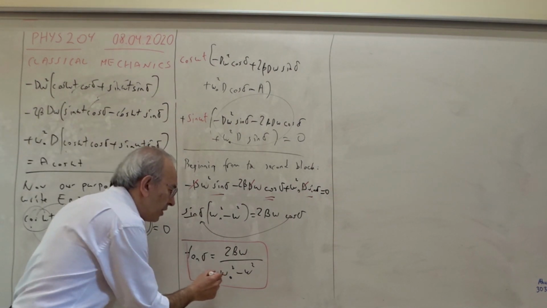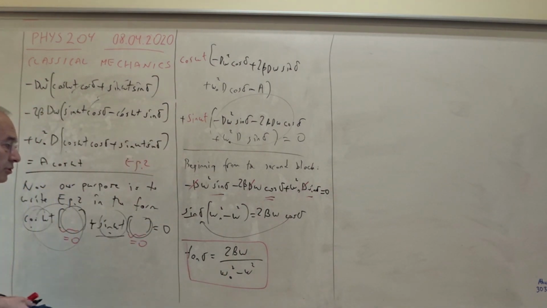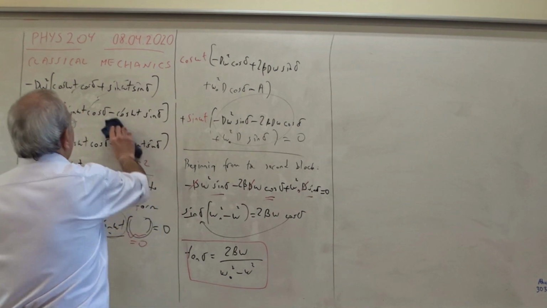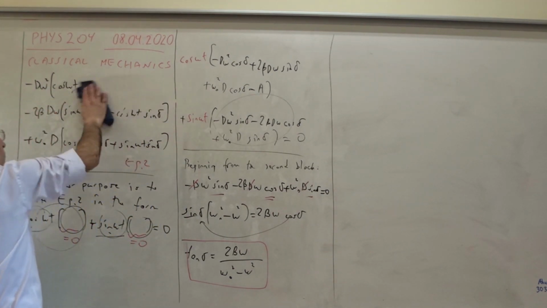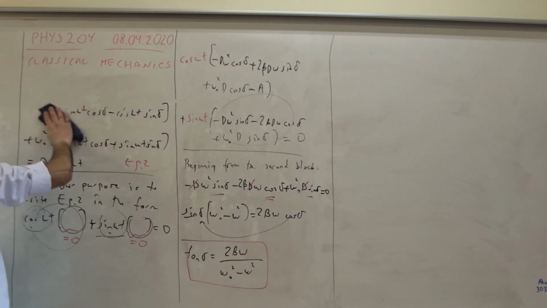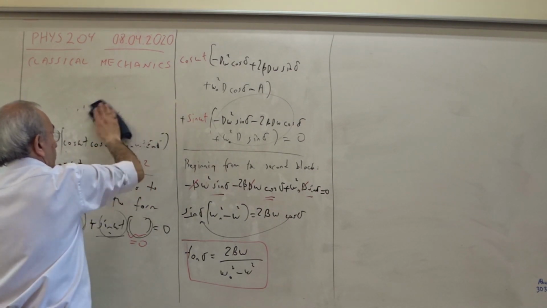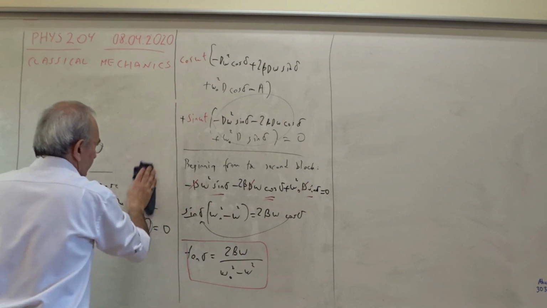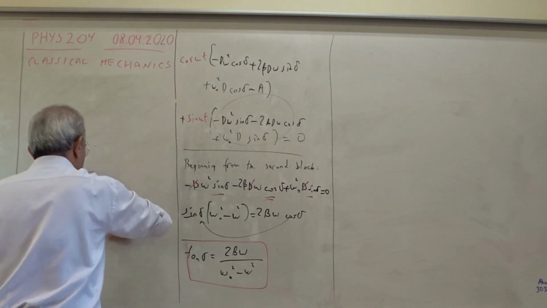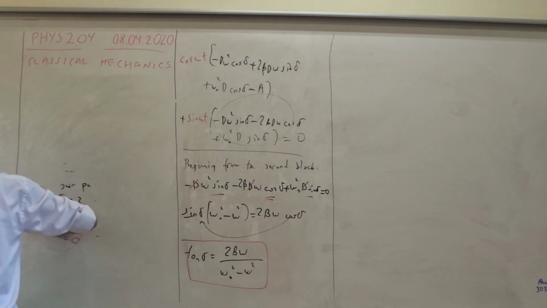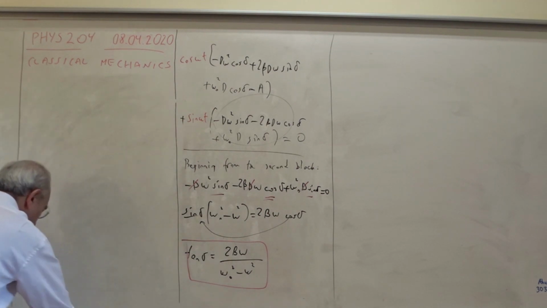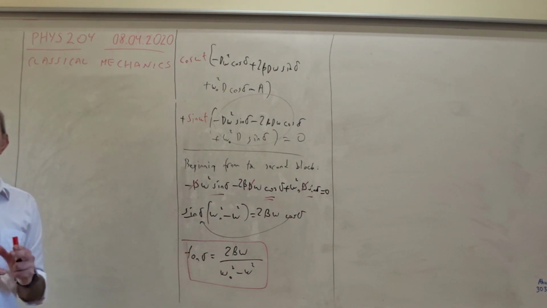But what do we get from here? Let's try to draw a right triangle, so we understand what the sine delta and cos delta should be. Now this reminds us of a right triangle.